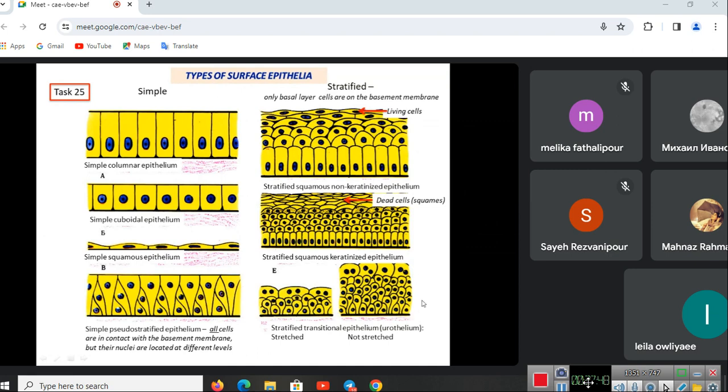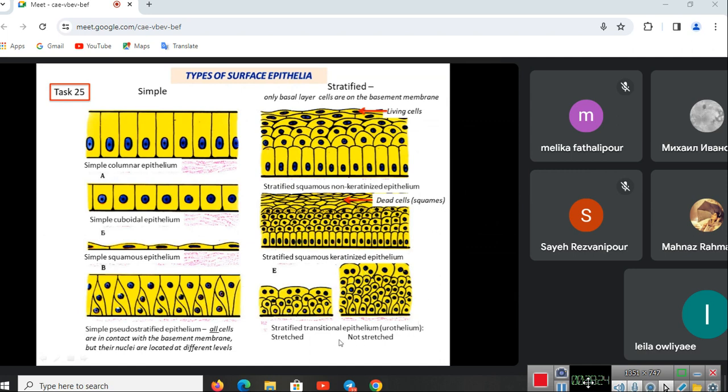When the epithelium is not stretched, for example, if the urinary bladder is not filled with urine, then the thickness of epithelium increases, so it is thicker here. The number of layers increases, so here we have 1, 2, 3, 4, 5 layers of cell nuclei, and the shape of the superficial layer of cells changes from flattened to more rounded.